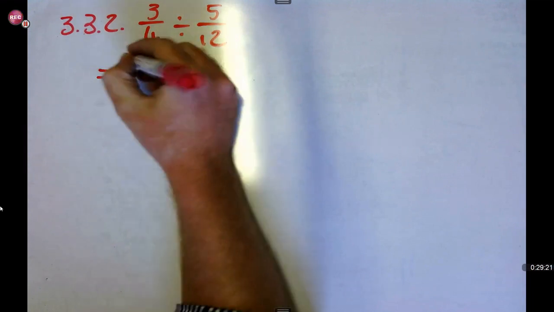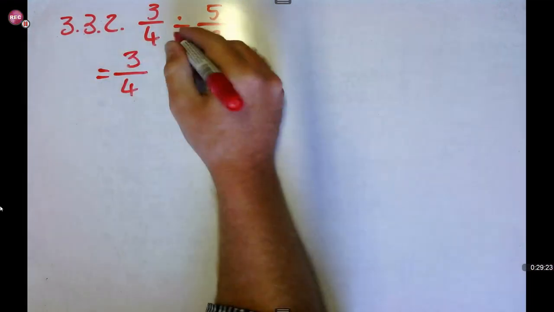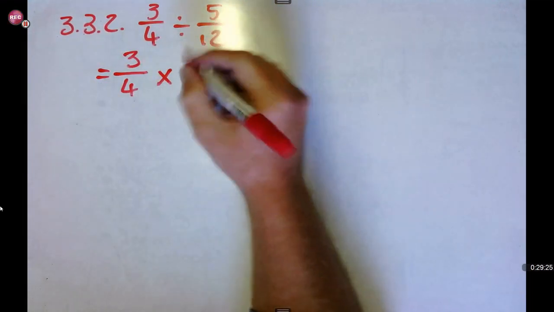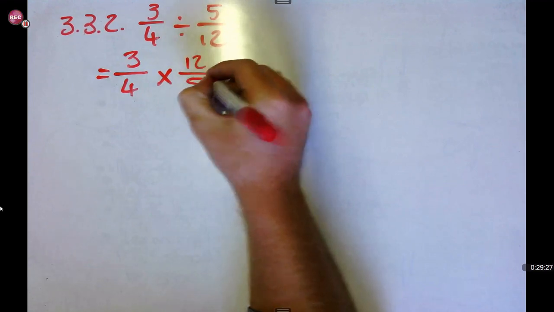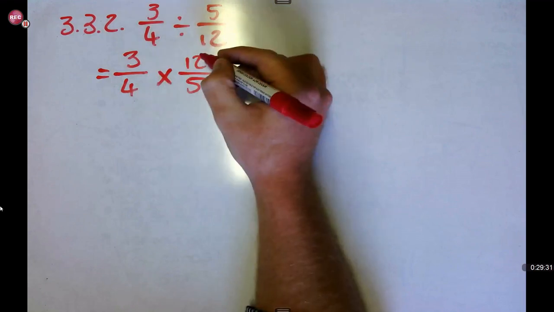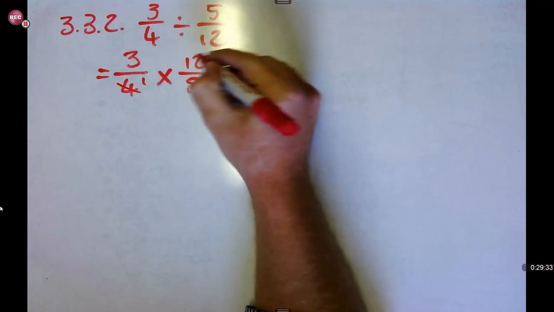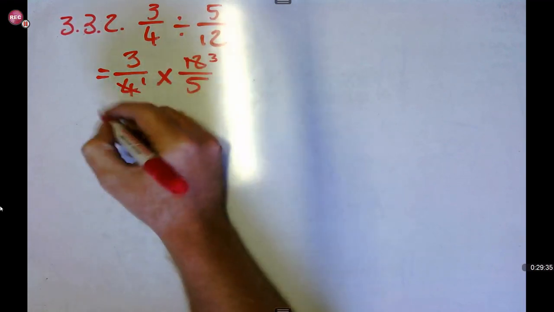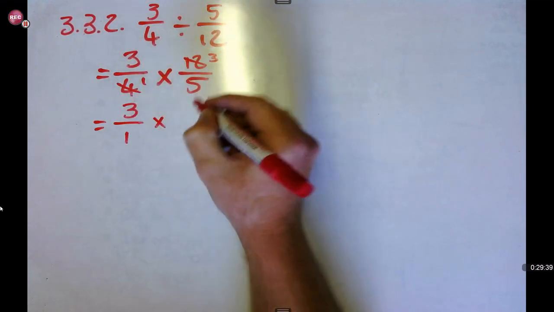So 3 over 4, change that sign to multiplication. 12 becomes your numerator, 5 becomes the denominator. Now you can cross cancel. So 4 divides into 4 once and into 12 3 times. What you'll have left then is 3 over 1 times 3 over 5.